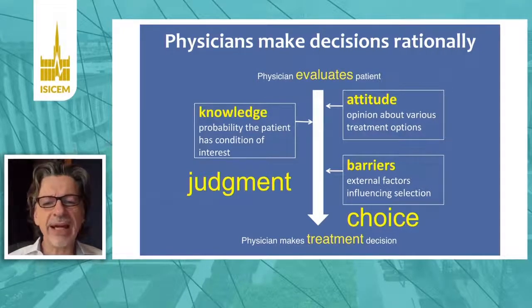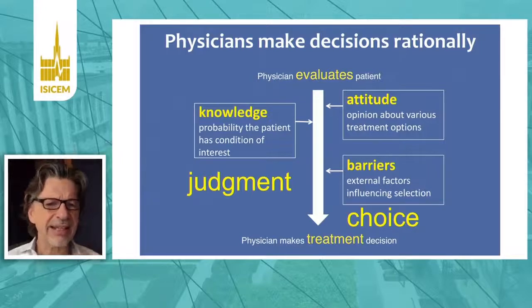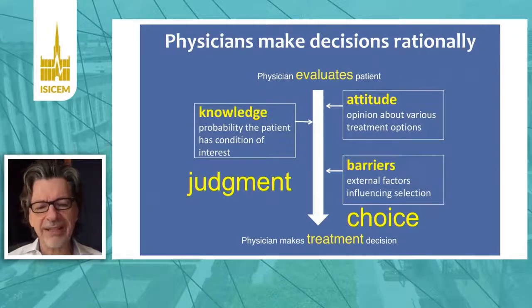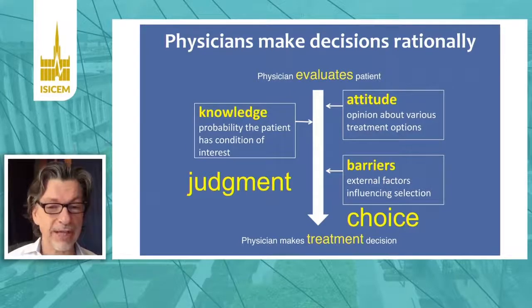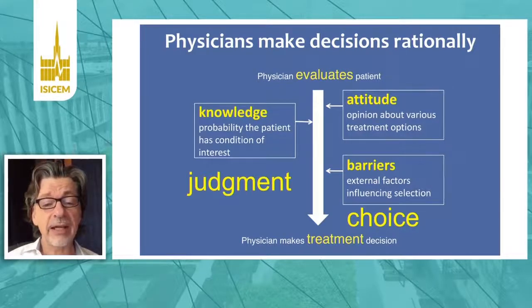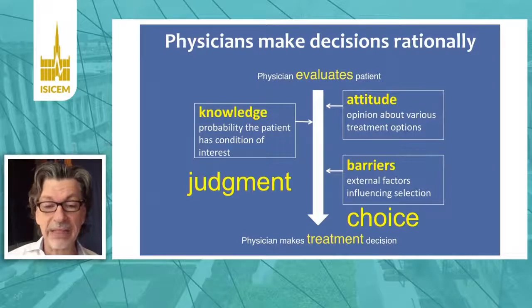Then we acquire knowledge or decide how much we think this particular patient might have the condition of interest. And then when we move forward to make a decision, we're going to execute some judgment that leads to our choice, but that could also be influenced by some barriers, external factors, and so forth. This is the mental model that social scientists have used forever in this so-called KAB model.